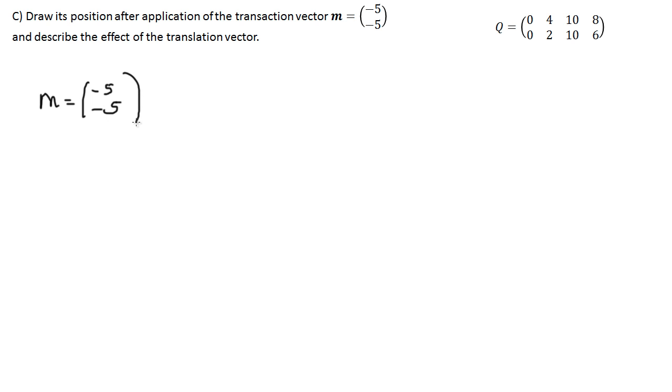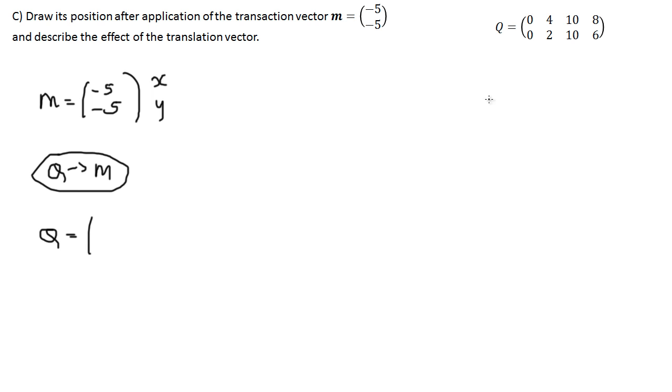This means the graph will move by -5, -5. And remember, this is x and this is y. So m will move Q, which means the values of Q will all change.